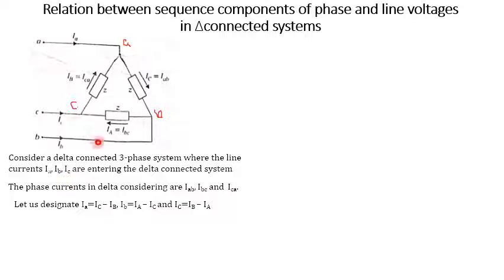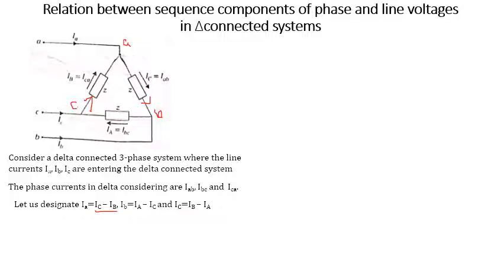Consider that IA here can be written as follows. IC is entering at this point, and IB is going out. What is entering is considered a plus, and what is going out of the network is considered minus.